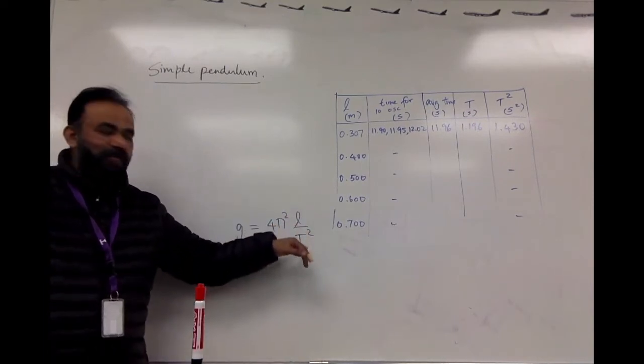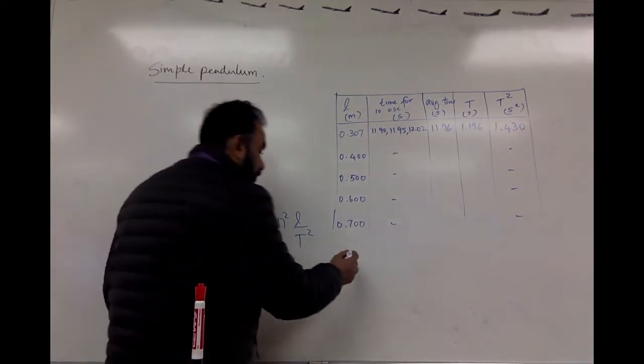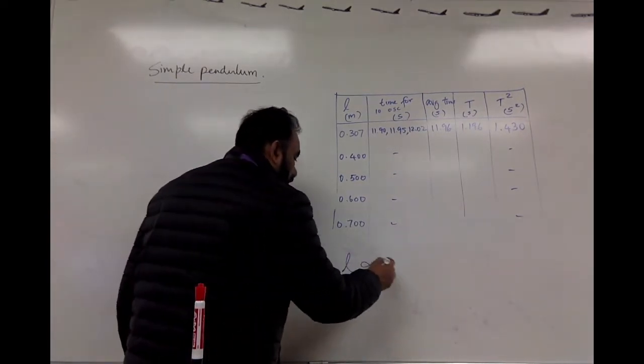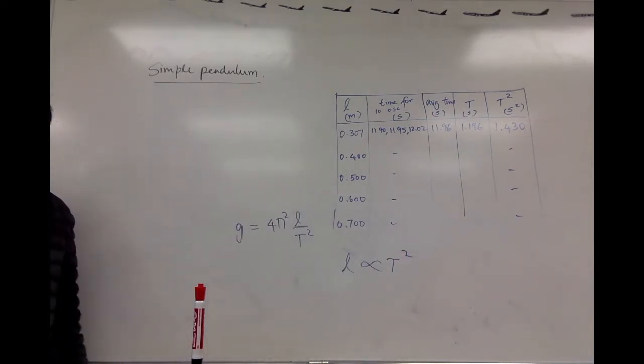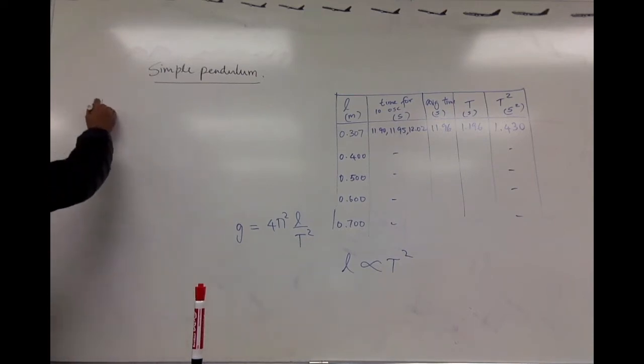So length and time square should be proportional. If you plot a graph of length and time square, you're expecting a what line? If something is proportional, linear, straight line. That's what you're expecting. So we plot a graph.